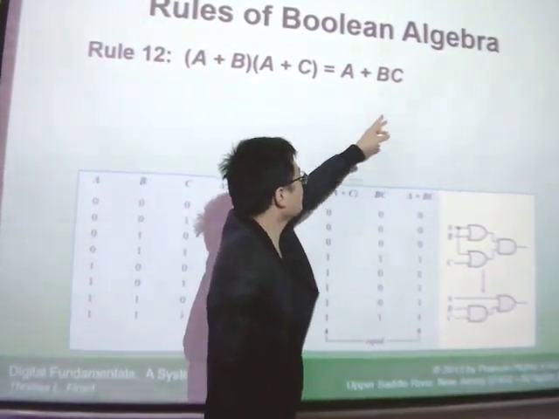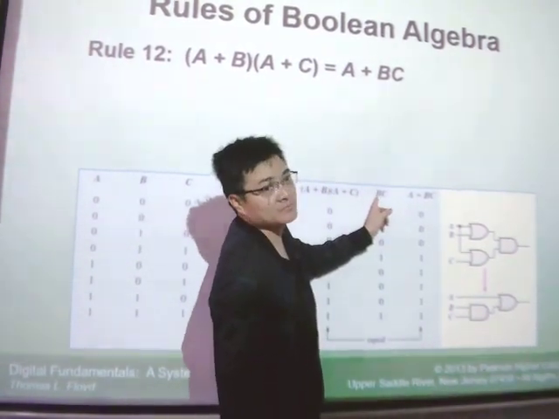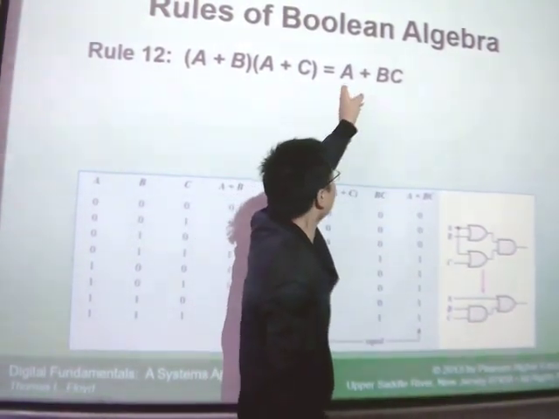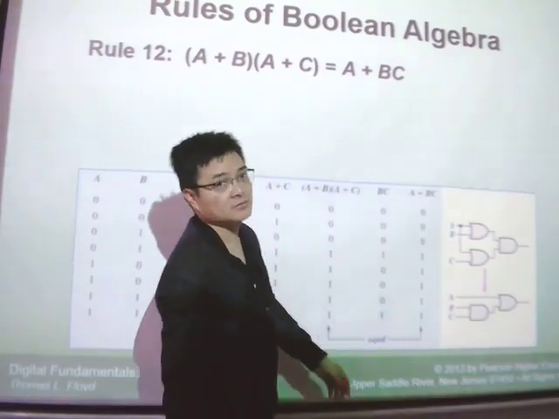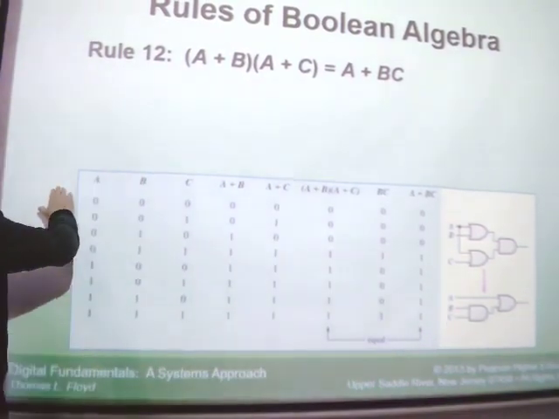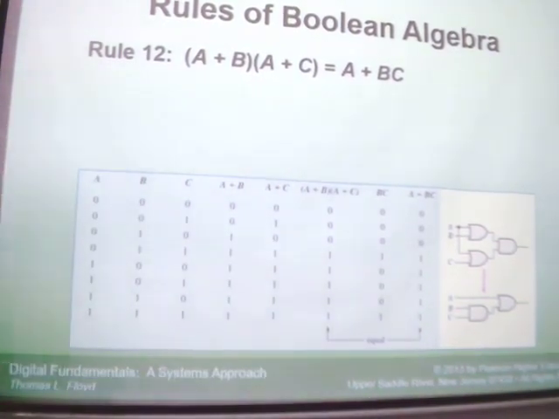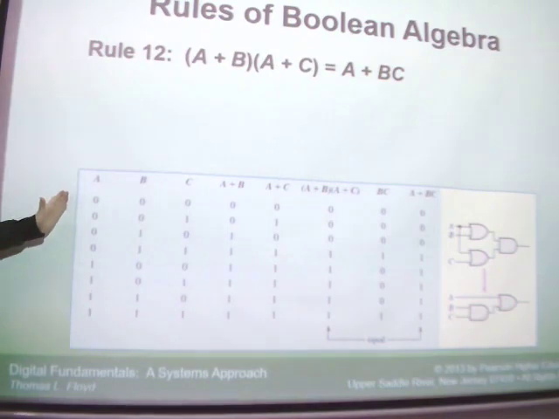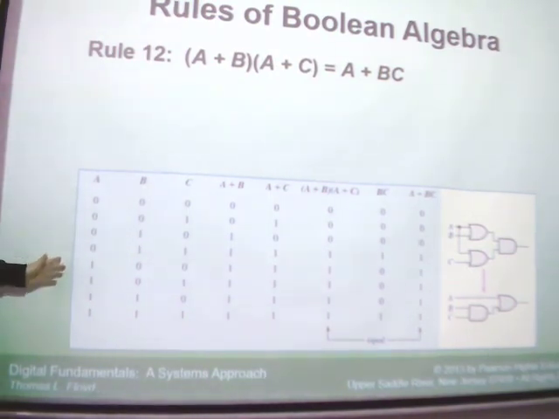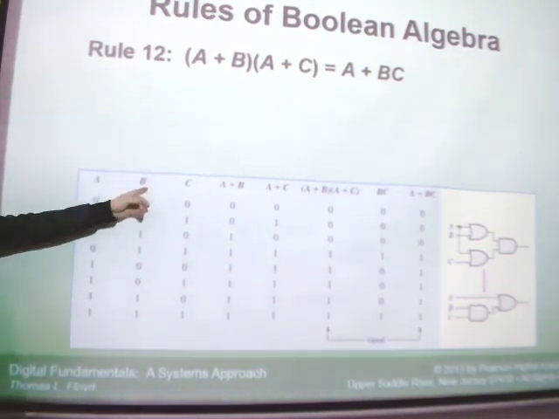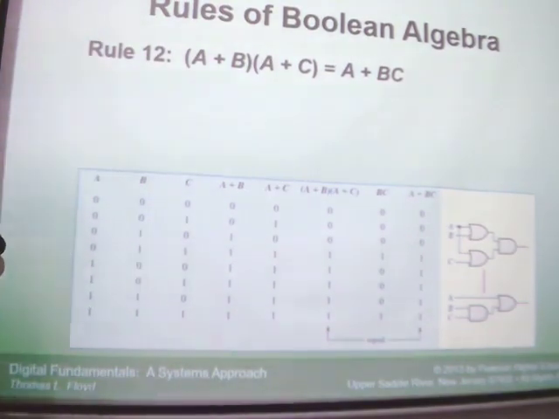Then B and C, then A or (B and C). Use this order to represent. And there are different combinations for A, B, and C.